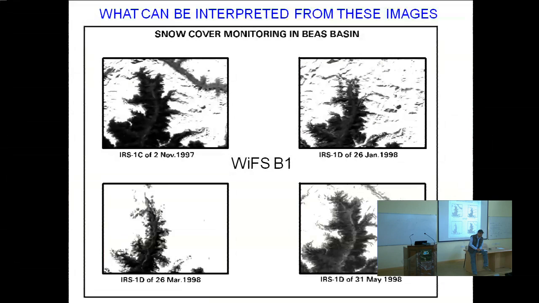One thing, just look at how it looks. One picture is in November, one in January, another in March, third in May. What does it mean? Different seasons. It means you have different solar elevations. And if you have different elevation, how is it reflected in these images?